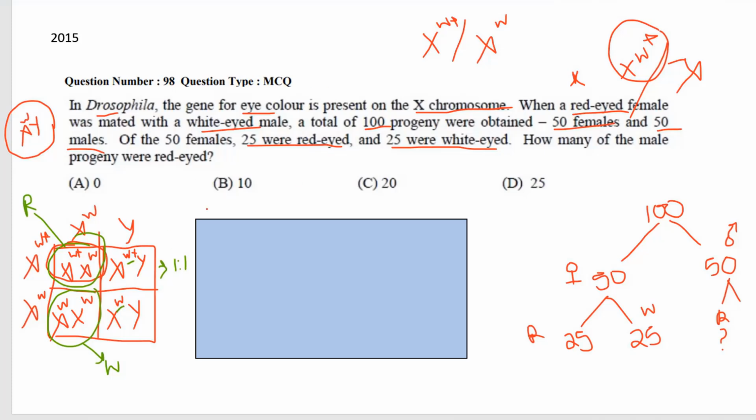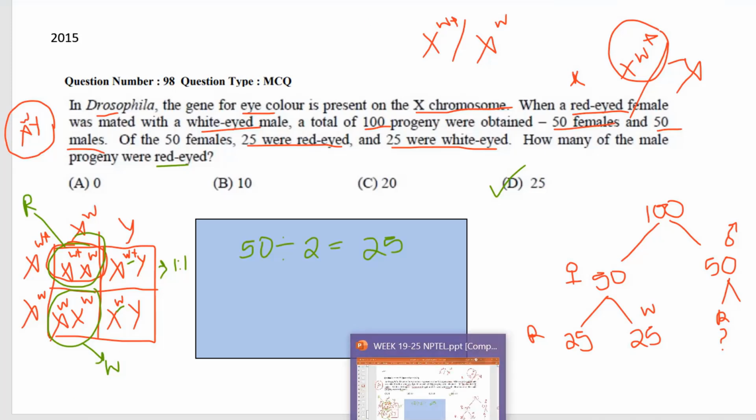If it is a 1:1 ratio and 50 are males, you can easily calculate 50 divided by 2, so the total will be 25. So 25 white eye and 25 red eye. Even in the male population, 25 will be the red-eyed population. So you have to do this sort of calculation.